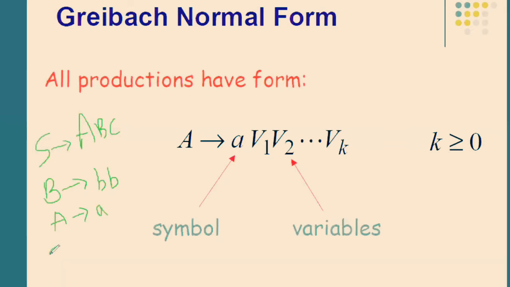Then C tends to AC, and Z tends to ABC, and A tends to B, and so on.